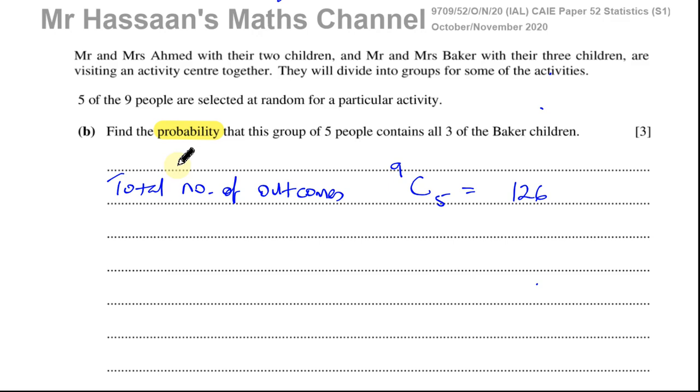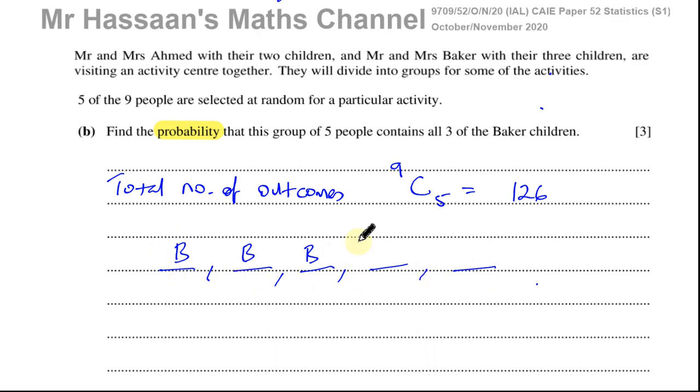Then it says find the probability that this group of 5 people contains all 3 Baker children. So you're going to have 1, 2, 3, 4, 5, but the Baker children are fixed here. We're just selecting them. We're not going to arrange them, so we're not going to mix and match them around.